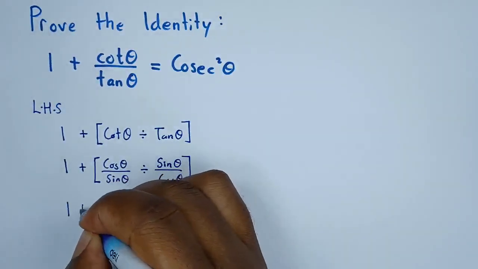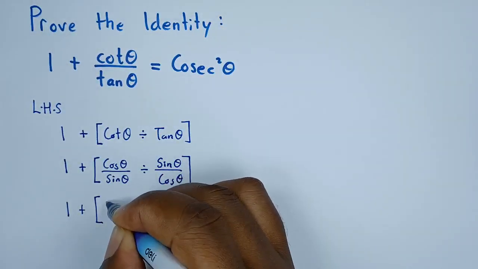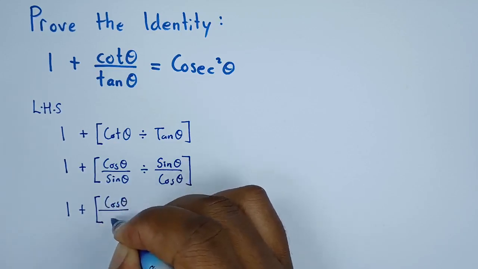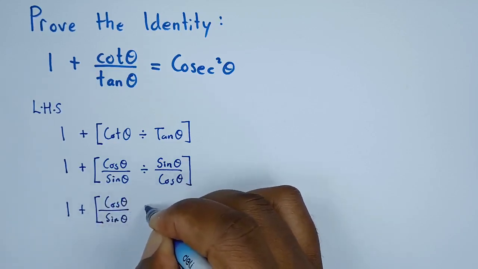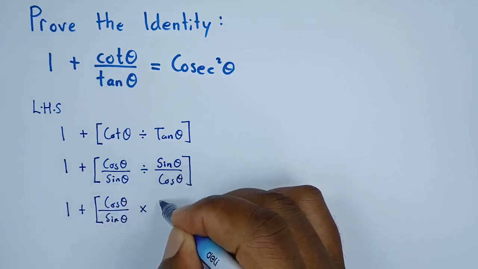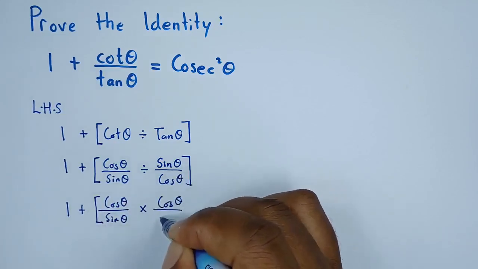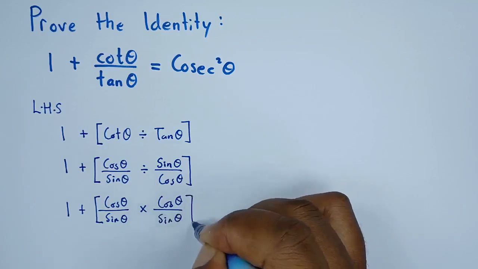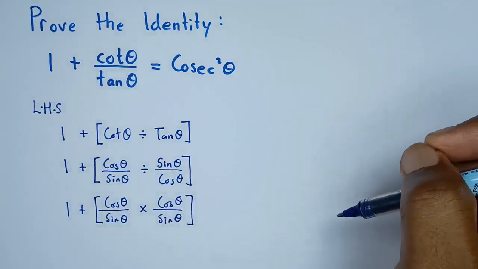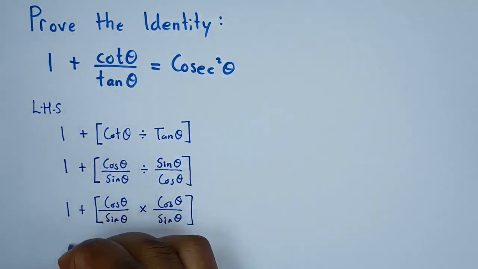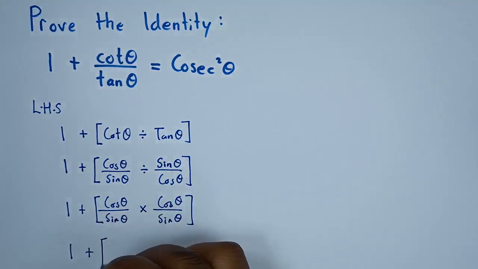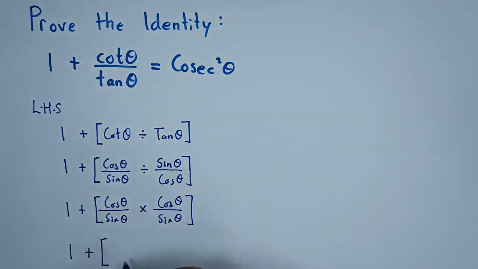So this will be 1 plus cos theta over sine, and we reciprocate, so this will be cos over sine. How does it proceed? 1 plus, and I'm multiplying everything in this case. So cos times cos gives us cos square theta, divided by sine times sine, which gives us sine square theta.